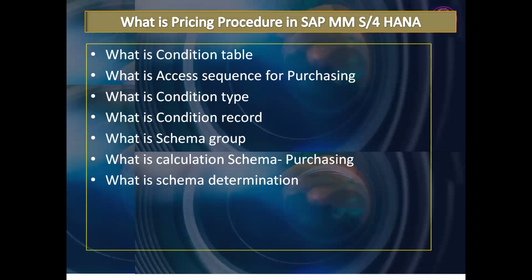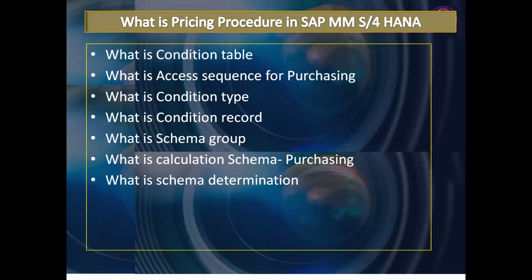To make it clear, let's take an example of three condition tables. Suppose we have three condition tables in one particular access sequence. In that case, what will happen? When a condition type starts searching for the condition record, it will start searching via the access sequence.